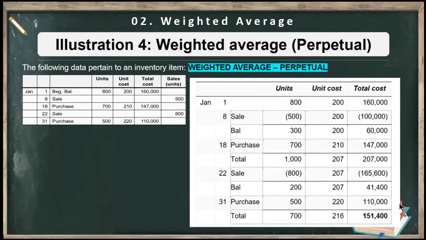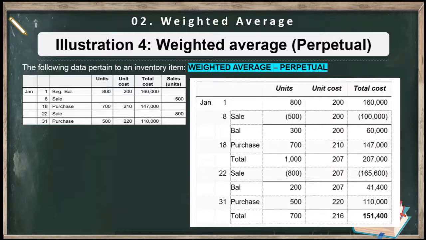So therefore, how much is our ending inventory? That's 151,400. And it's not the same as the ending inventory in weighted average periodic, right? In the weighted average periodic, if you can recall a while ago, that's 145,950.